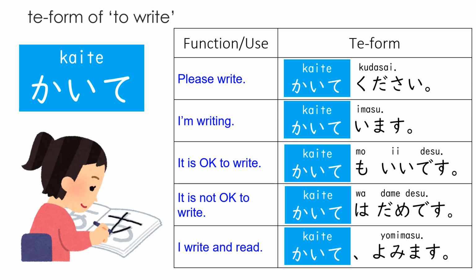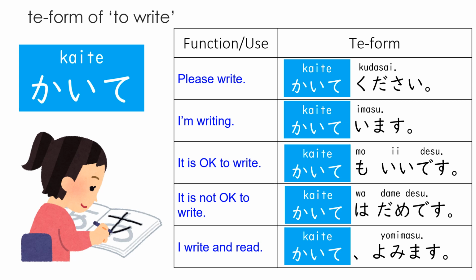I write and read. 書いて読みます。Okay, from the top. 書いてください。書いています。書いてもいいです。書いてはダメです。書いて読みます。Okay, your turn. Please write.